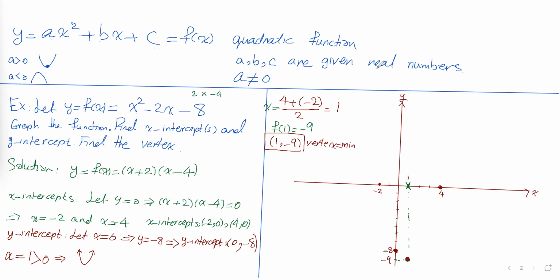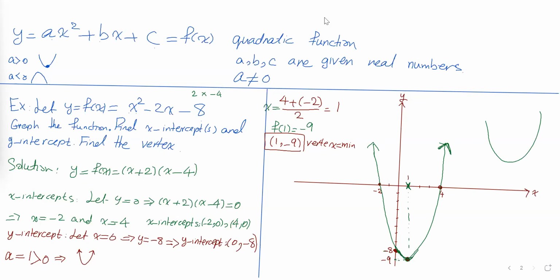I already know my graph is a parabola opening up. And once you have the vertex, you're almost done. So I'm going to draw it, roughly speaking. My graph is going to look like this. Right? So it's smooth. I try to draw it smoothly, but it's smooth, right?